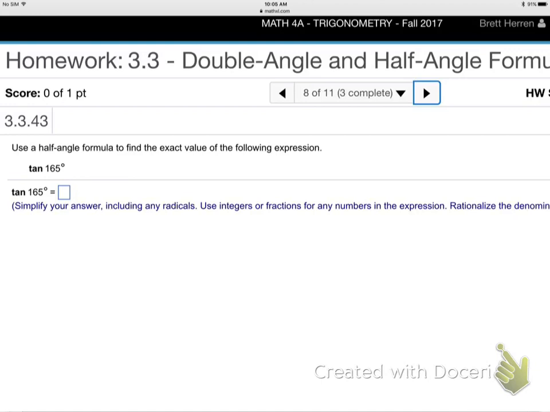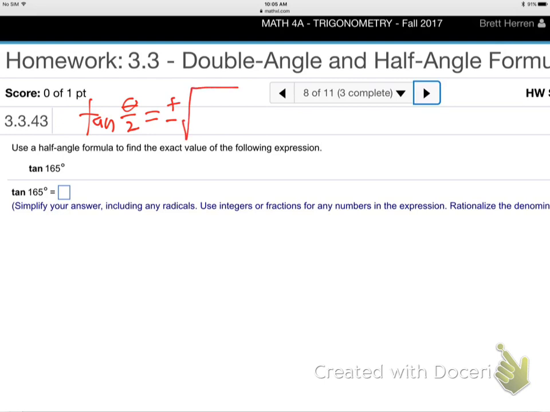Let's try this one. So, I need to give you the double angle, half angle formulas. Here comes the half angle formula for tangent. They give me some weird versions here, so I'm going to give you 3 versions.